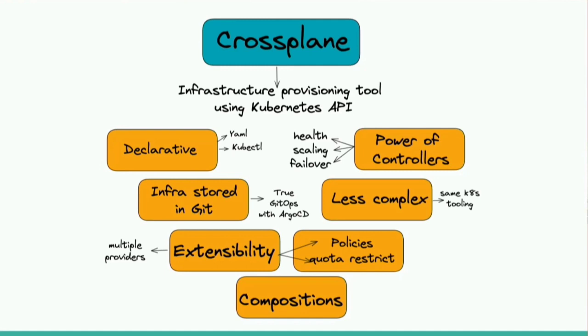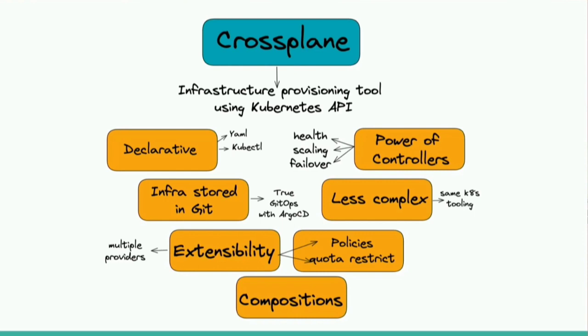So that's what makes it fancy. Then it is less complex because it follows the same tooling. You don't have to learn any new language. It is YAML, and if you are in the Kubernetes ecosystem, you would know as Kubernetes administrators. I have something for the developers as well.